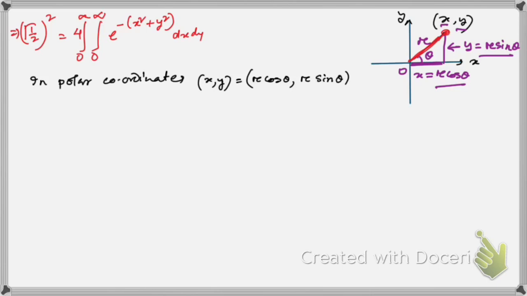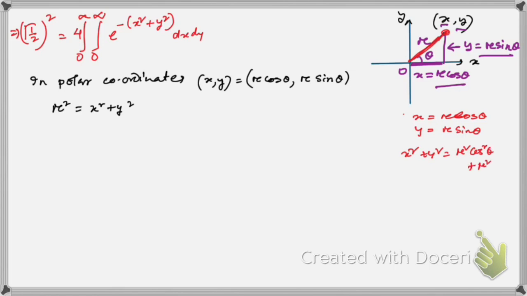So that is what we have got. Now you see, in this case r square will be equal to x square plus y square. If you square these two, as we have got x is equal to r cos theta and y is equal to r sin theta, squaring and adding, x square plus y square, you will get r square cos square theta plus r square sin square theta.